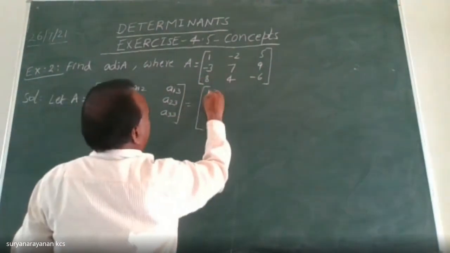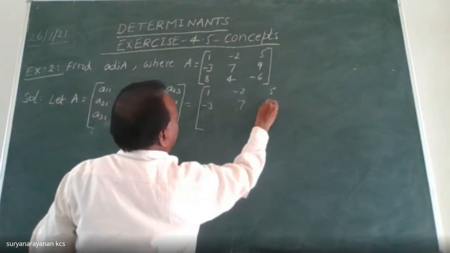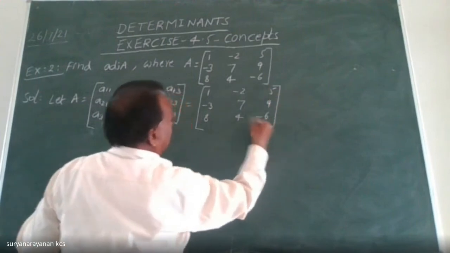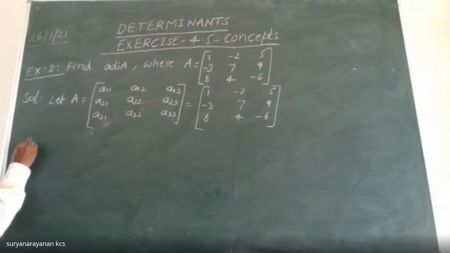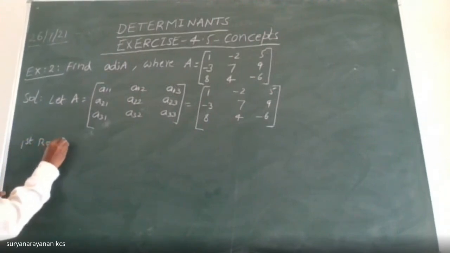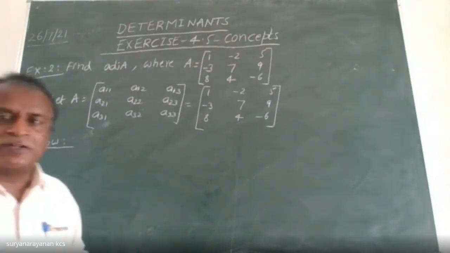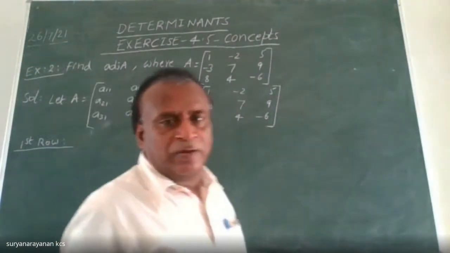Given elements 1, -2, 5, -3, 7, 9, 8, 4, -6. First, let us take the first row elements and we find the cofactors of elements of the first row.